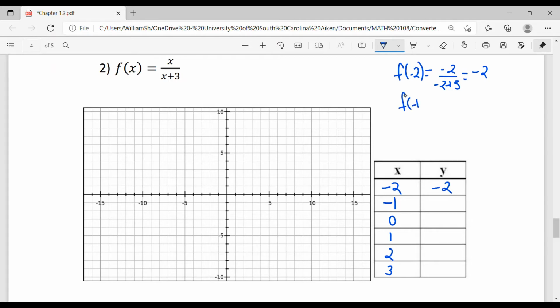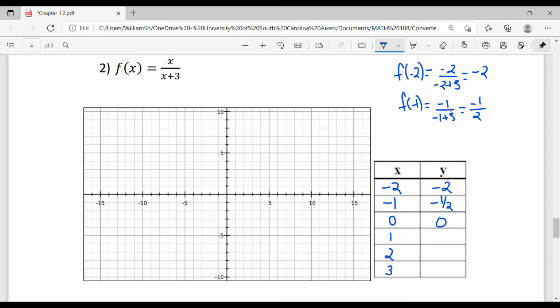If I look at f of -1, that's -1 over -1 plus 3. -1 plus 3 is 2. So I get a 2 on the bottom and a -1 on top. I get -1/2. I plug in 0 here. I get a 0 on top and a 3 on the bottom, which is just 0.